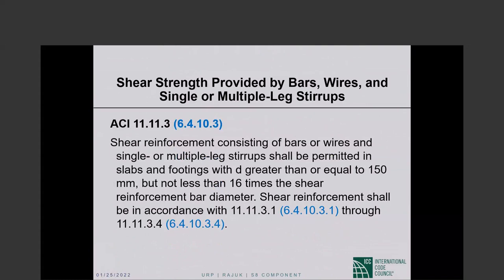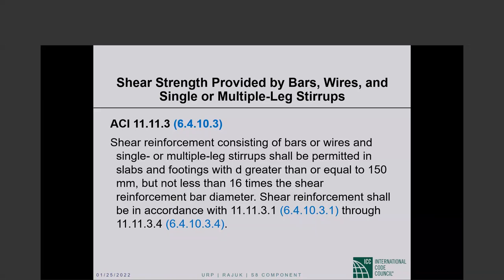Now, shear reinforcement consisting, so that is the concrete part, B sub C. Now, shear strength provided by bars, wires, and single or multiple leg stirrups. So, shear reinforcement consisting of bars or wires and single or multiple leg stirrups shall be permitted in slabs and footings with D effective depth greater than or equal to 150 millimeter.